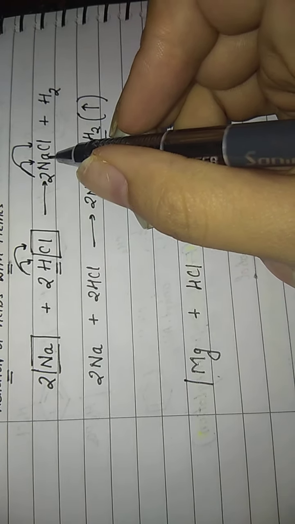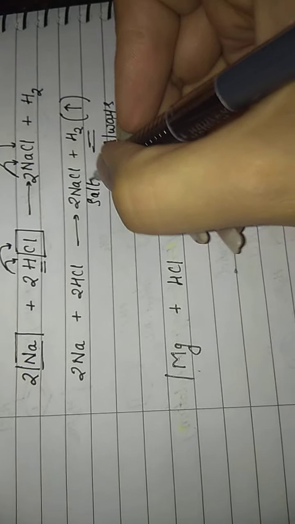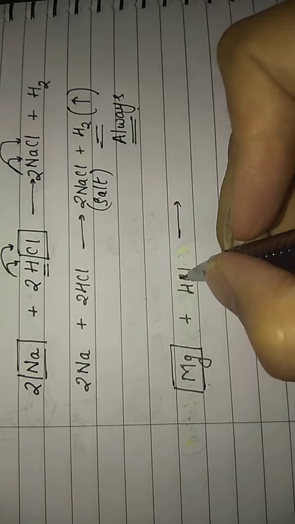Again, how will I form the product? Over here I combined sodium and Cl to form my salt, sodium chloride. This is the salt that I have got. Now in this I will combine magnesium with Cl to give me magnesium chloride. Now in class 9th we have done that.